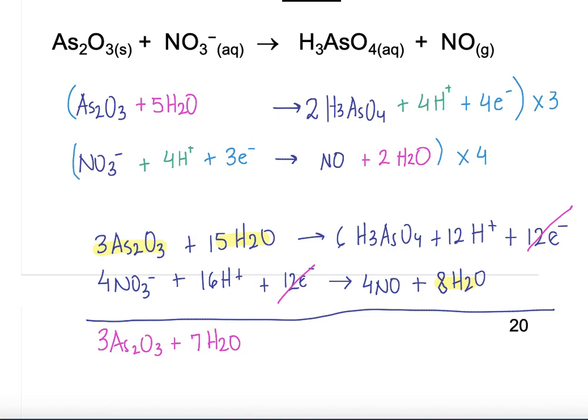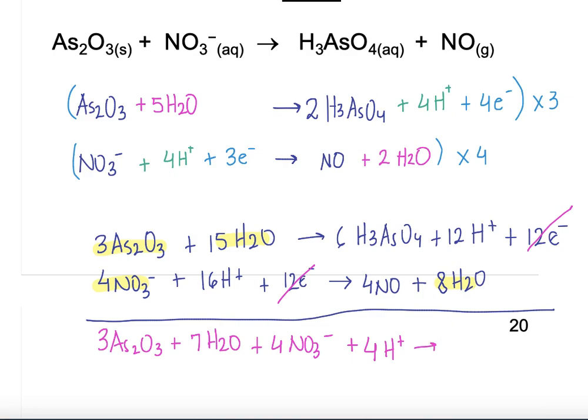All right, the next thing is on the left-hand side, I have these nitrates, and those nitrates are nowhere else, so they're going to come down as they are, 4 NO3 minuses. And I can go ahead and highlight my nitrates. Then I look at my H pluses. I have 16 here and I have 12 here. So 16 minus 12 is equal to 4. And that means that I'm going to have 4 H pluses here.